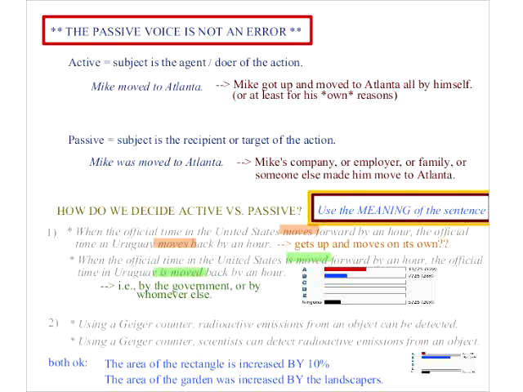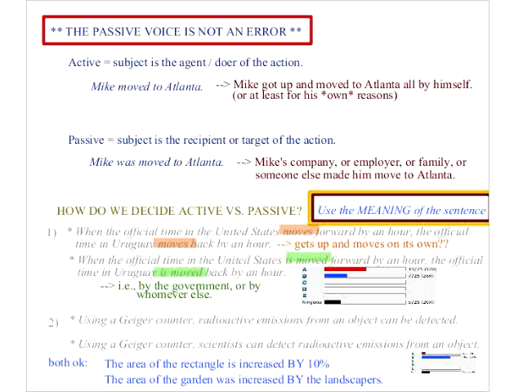In this case, the passive is not the error, though. Yeah, this one's a modifier error because we don't know who is using the Geiger counter.